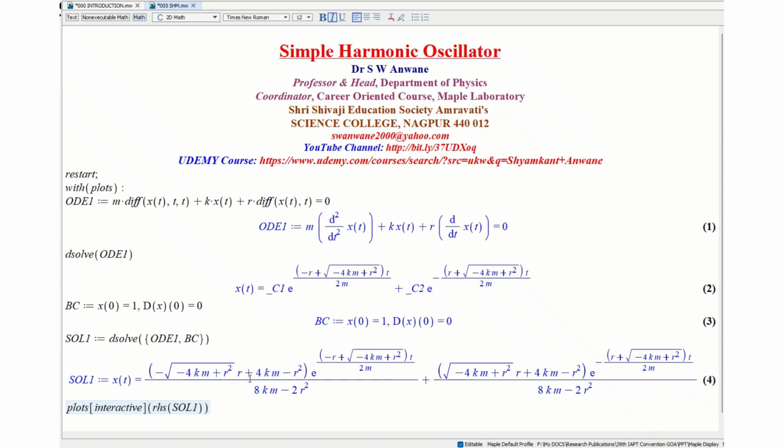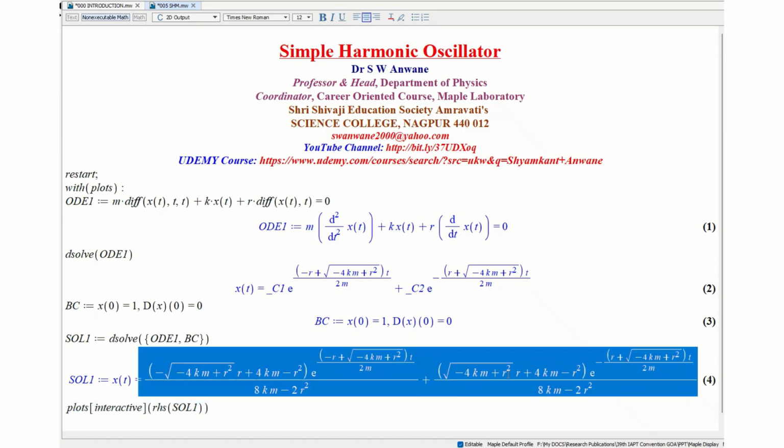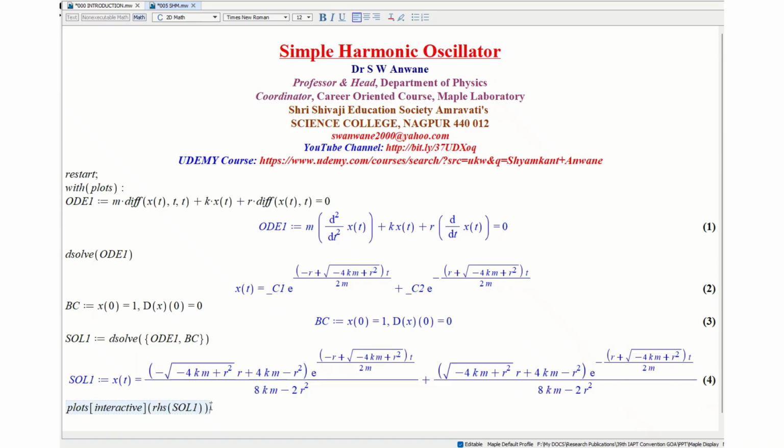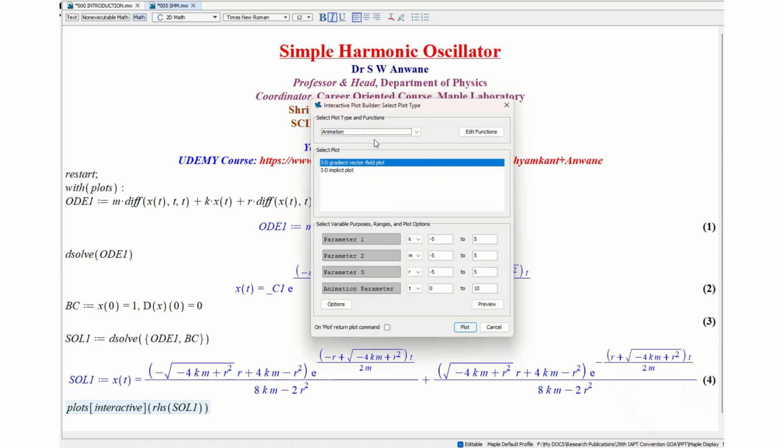This is the solution of the differential equation, and now I want to develop an interactive plot of this solution. So plots, interactive, right hand side of the solution. This quantity I am picking for plotting, and this offers me animation. Actually I want three interactive parameters. On the x-axis I want time.